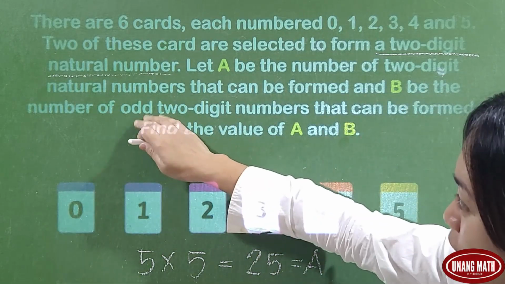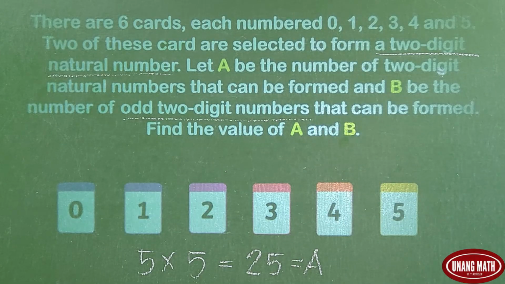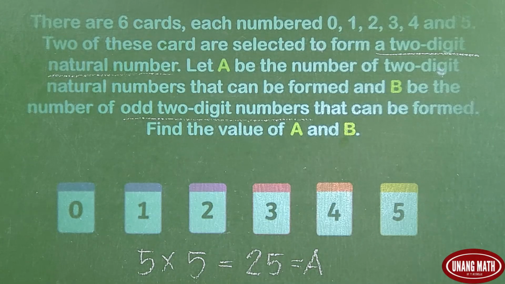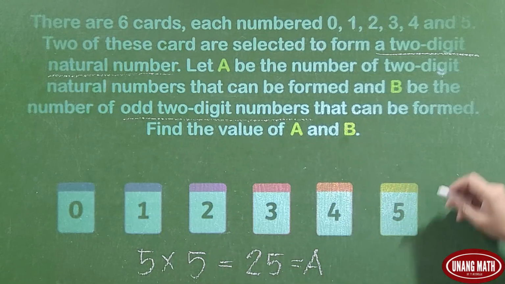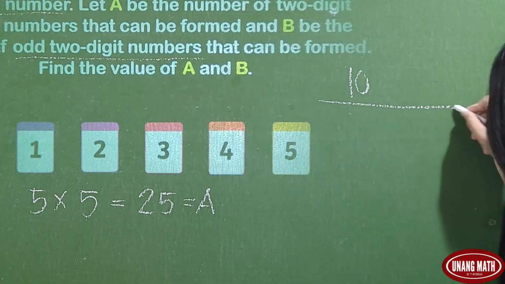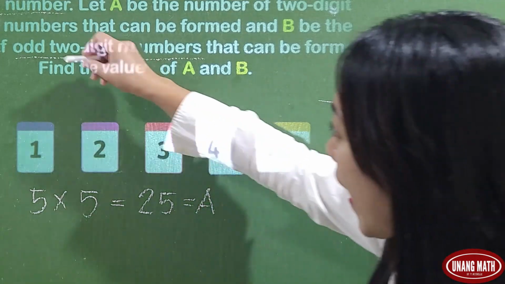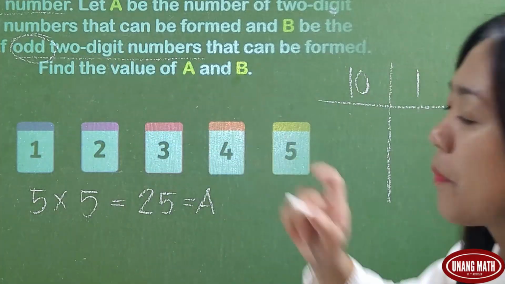B will be the number of odd two-digit numbers that can be formed using these number cards. So we have numbers in the tens place and in the ones place. We have this word, odd two-digit numbers.